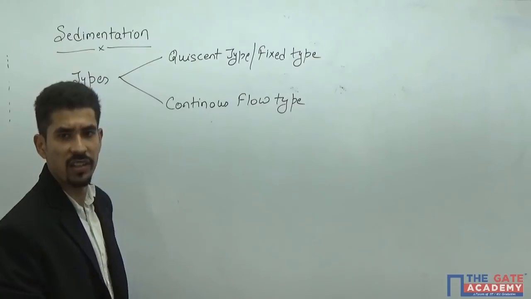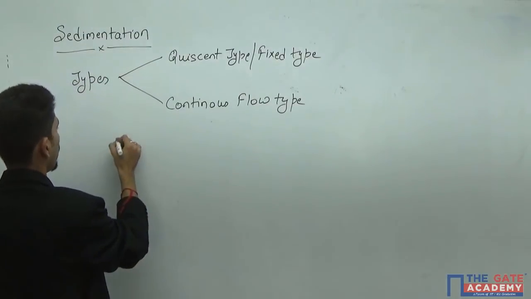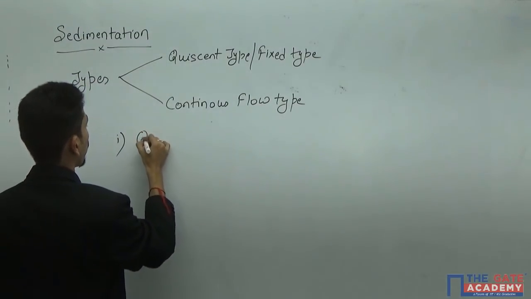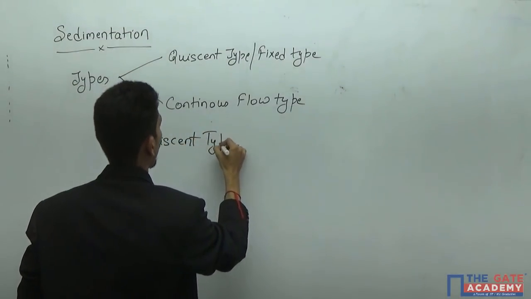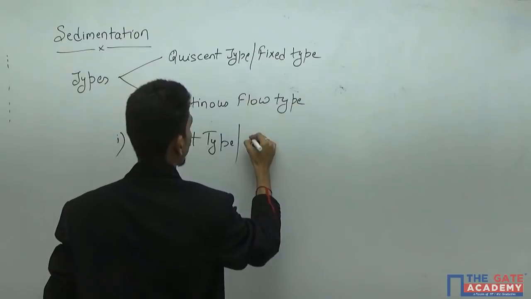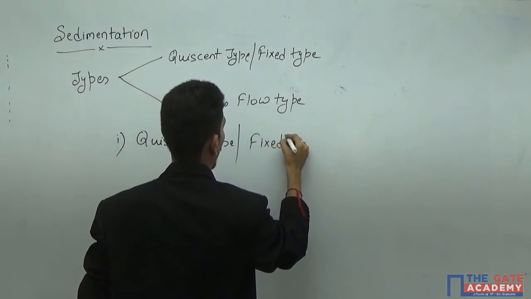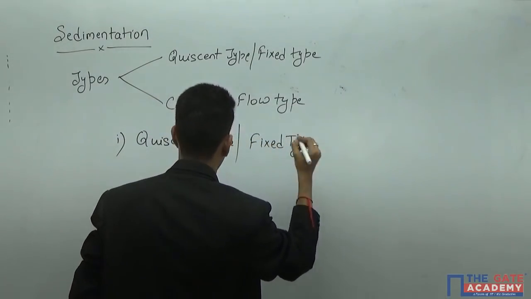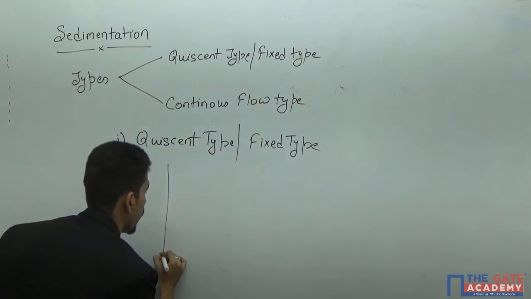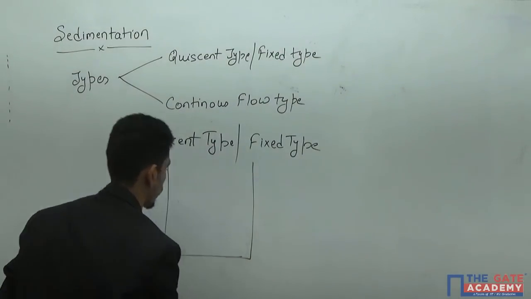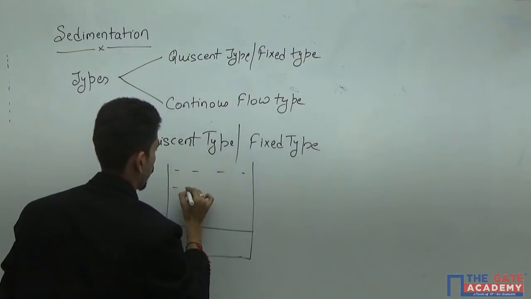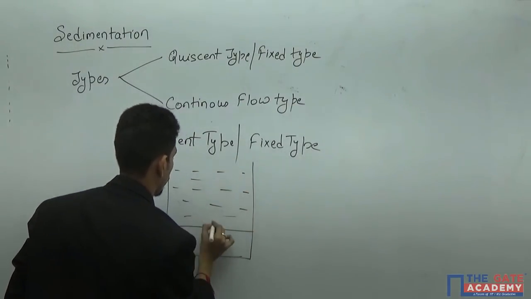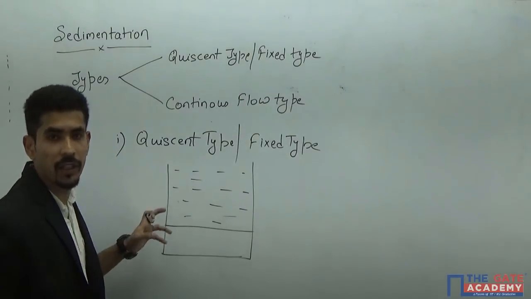Let us discuss the first type. The first type is quiescent type, or fixed type. It is nothing but a simple tank, and there will be water at some depth.